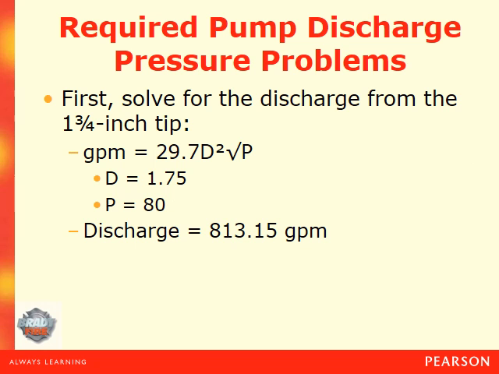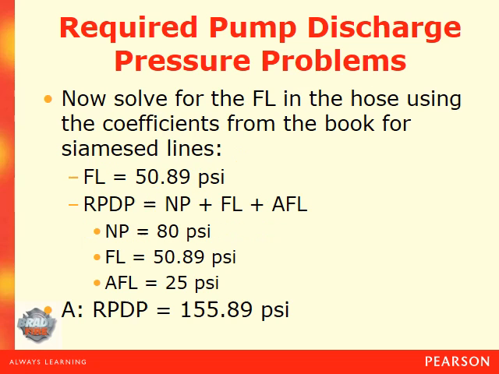So now we do 29.7 times our diameter squared, which is 1.75 inches, times the square root of the nozzle pressure, which they gave us as 80. So we do our math and we come up with a whopping 813.15 gallons per minute. Now you're going to solve for the friction loss in the hose using the coefficient from the book for Siamese lines, because remember, we're joining 3 lines into one.